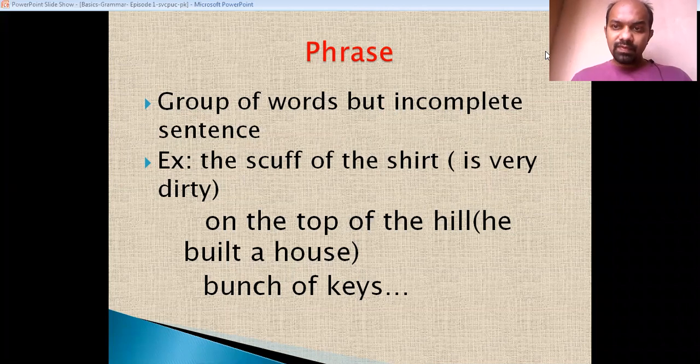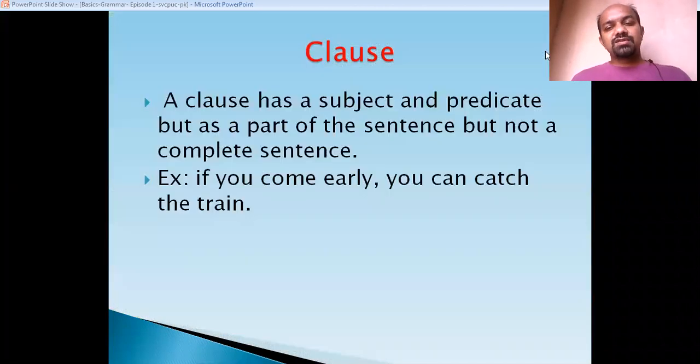Then look at clauses. A clause has a subject and a predicate, but as a part of the sentence, not a complete sentence, not a sentence itself. Look at the example. If you come early, you can catch the train.